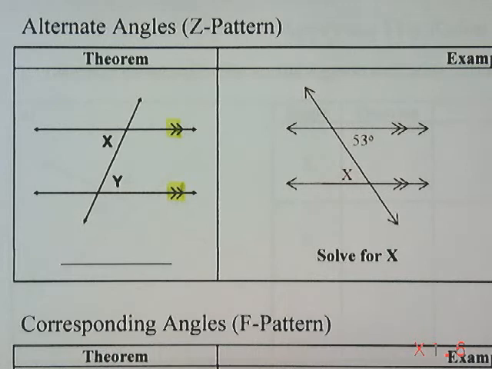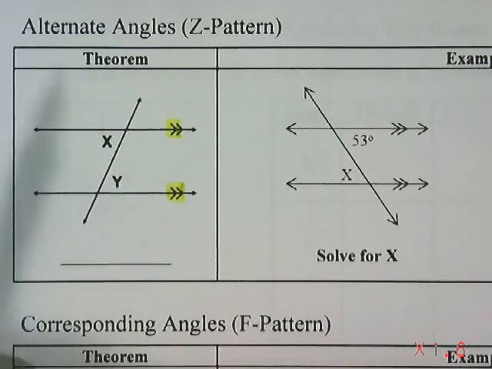Okay, so this theorem is the alternate angles, otherwise known as Zed pattern. And the reason it's called Zed pattern is because of the shape that it makes on the parallel lines.